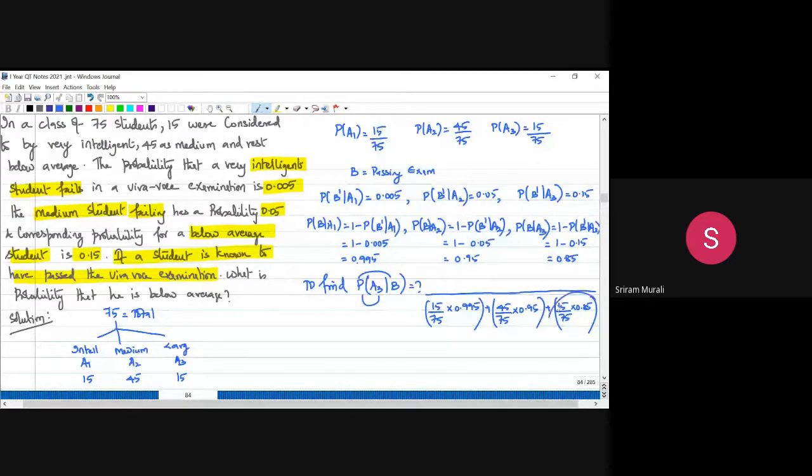What is your requirement? A3. So the numerator will be 15 by 75 into 0.85.